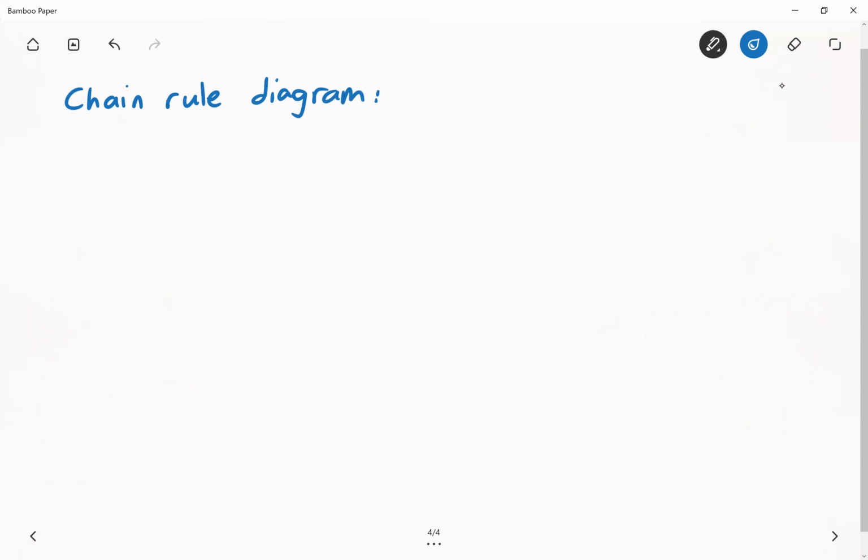Here, again, we have y depends on u, which depends on x. So when we want to calculate the change in y as x changes, we have two changes as we go down this diagram. We have dy du and du dx.